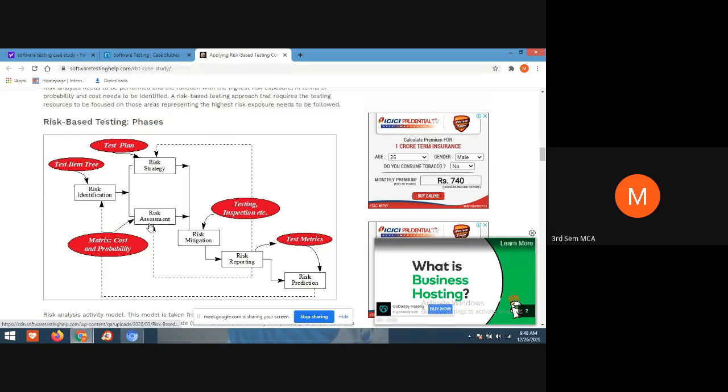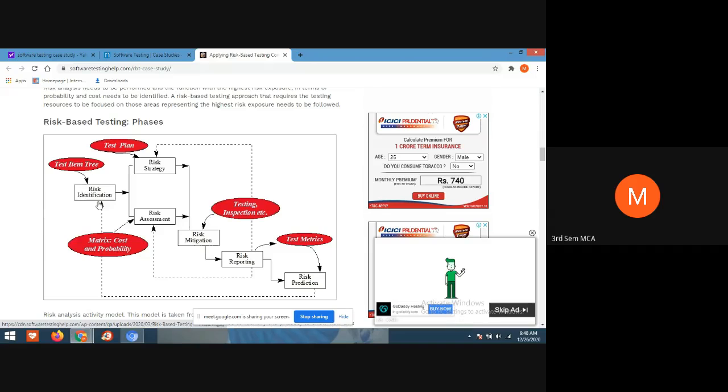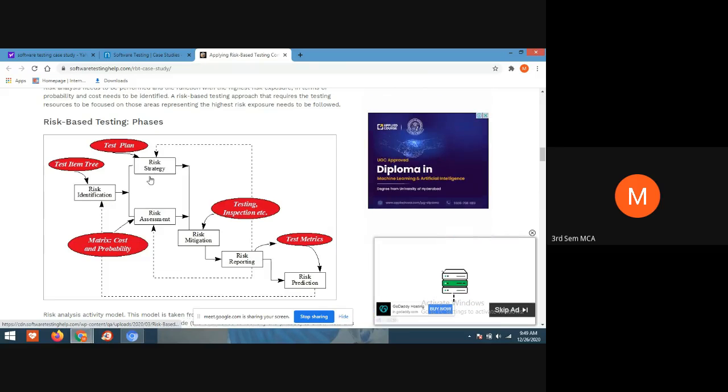I'll explain this diagram once again. This is a diagram of risk phases. This is the initial stage where the risk is identified, the risk identification. The next is risk strategy, risk assessment, and risk mitigation.